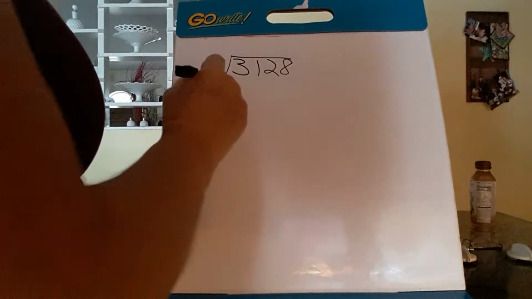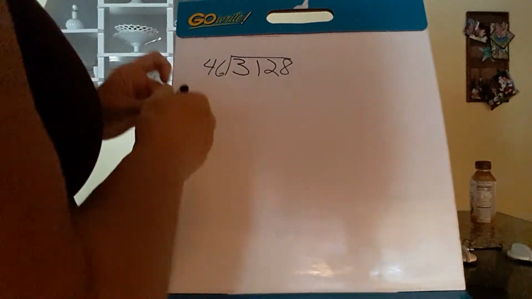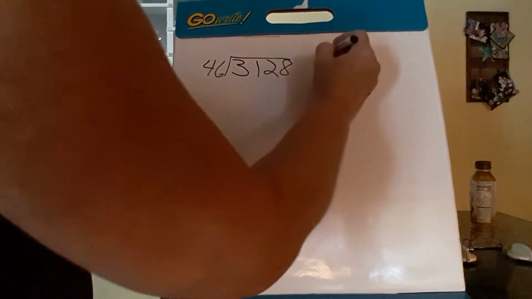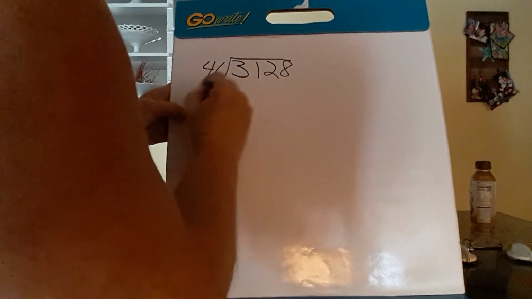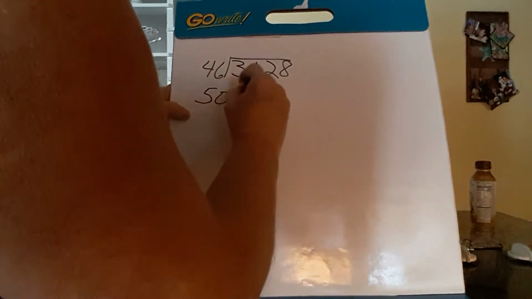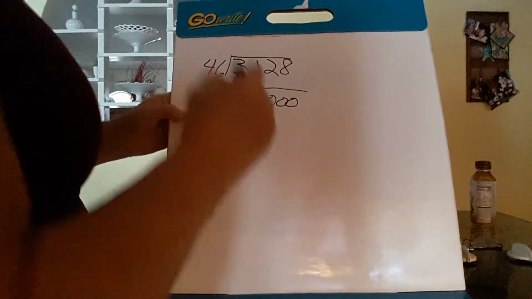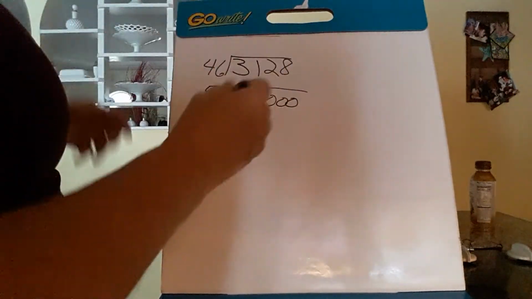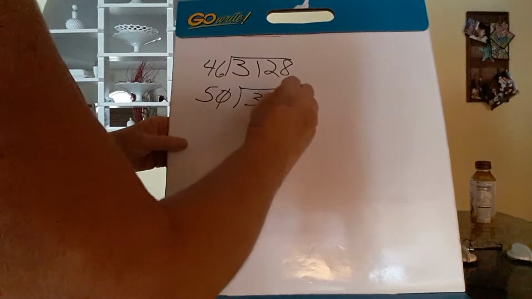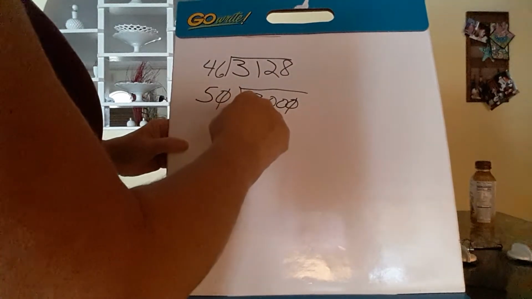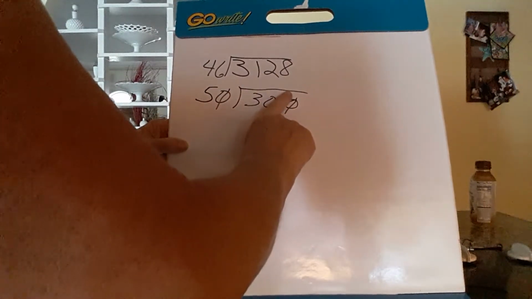Now, what they showed on the video to estimate, this would be about 50. If we bring it down, we can put it down here and then I'll erase it, divided by 3,000. Again, if you look at your zeros, let's cross these out. 5 goes into 30 how many times?